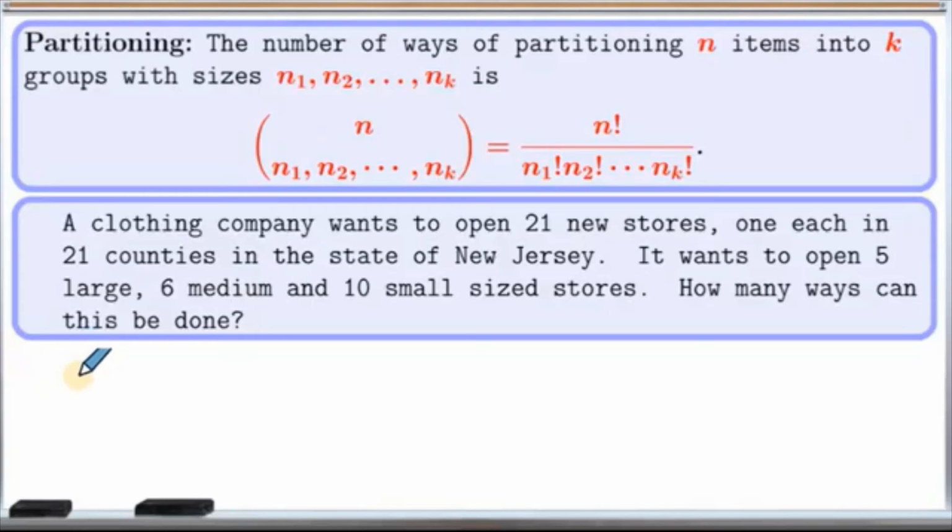So here we have n as 21, n1 is 5, n2 is 6, and n3 is 10. So we have 21, 5, 6, 10.